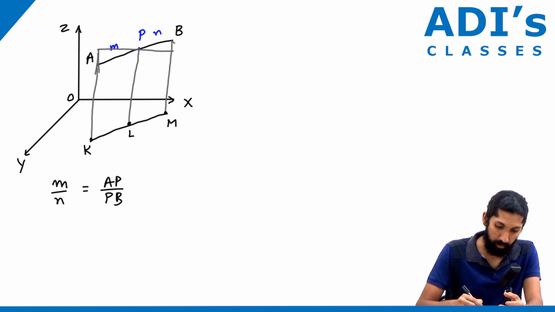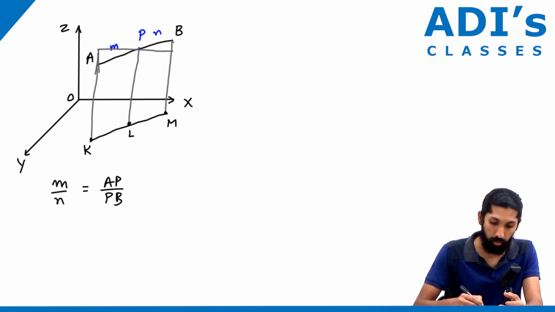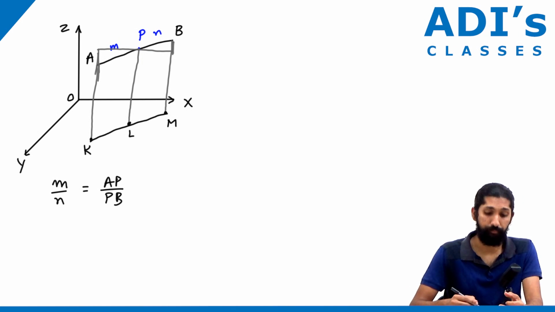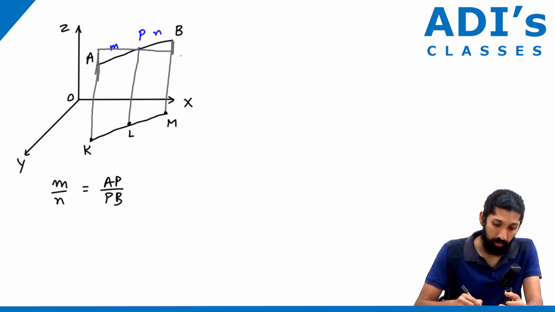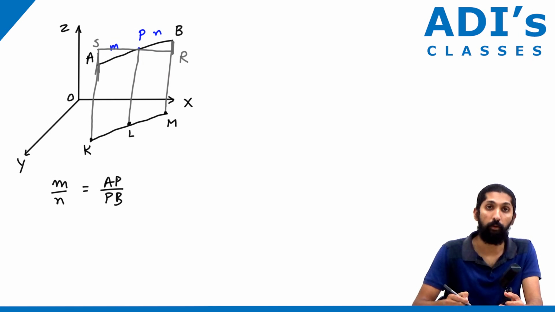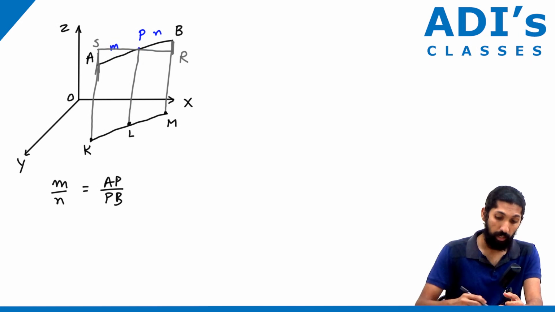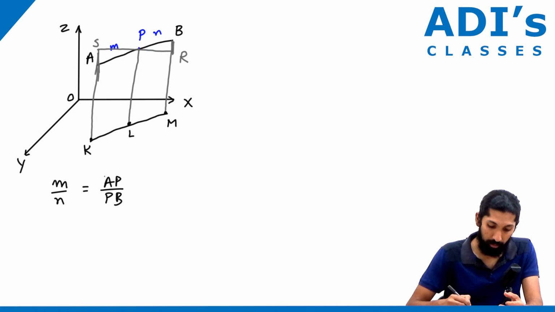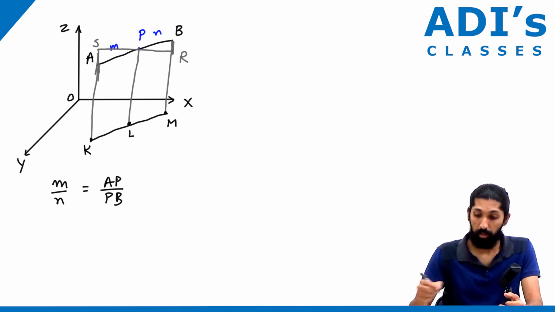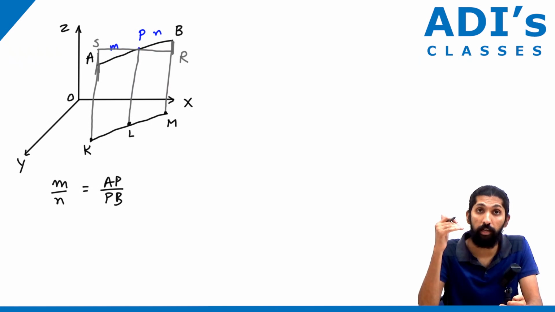So here this part is not there, so it's going to be only this much. So like this we are going to draw. So the parallel line, let's call this R and S. Okay, R and S. So here SR is parallel to KM. It might not look parallel here, but remember we are looking at this in 3 dimension.